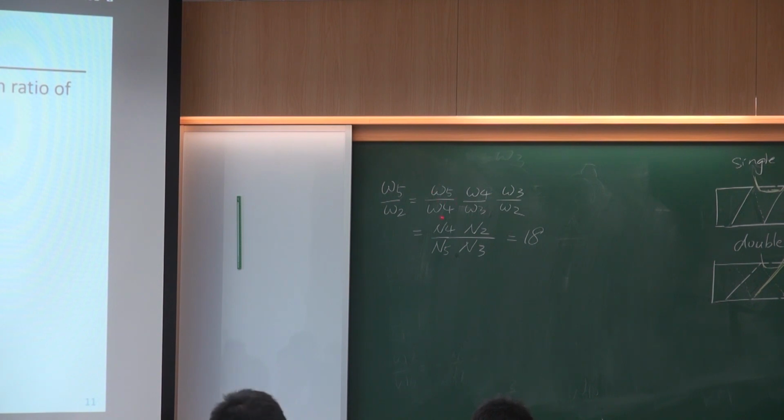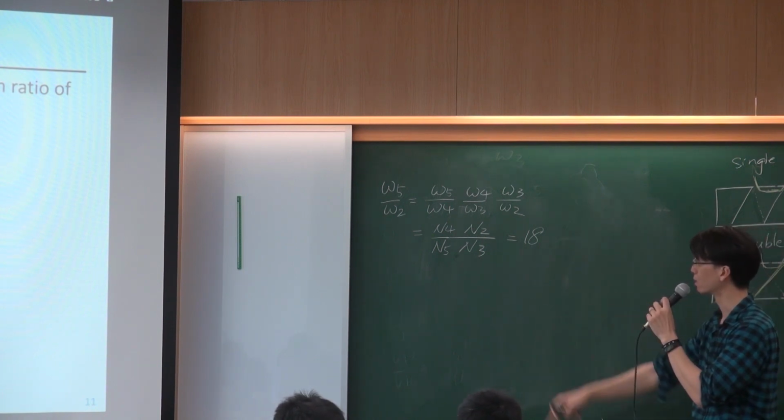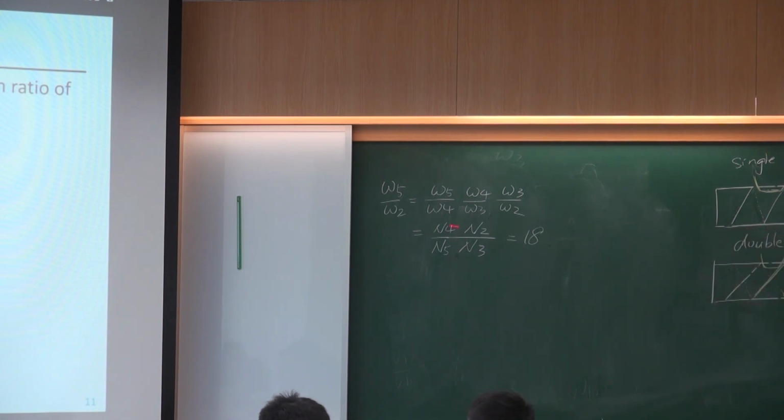We know omega 5 over omega 4 is N4 over N5 with a negative sign. But because 3 to 2 also has a negative sign, they just cancel each other. And 3 and 4 share the same speed. So we get the expression for omega 5 over omega 2, and this needs to be 18. There are several ways you can manipulate N2, N3, N4, N5 to make this equal 18.